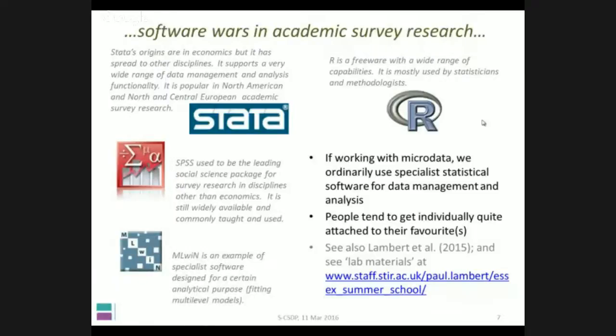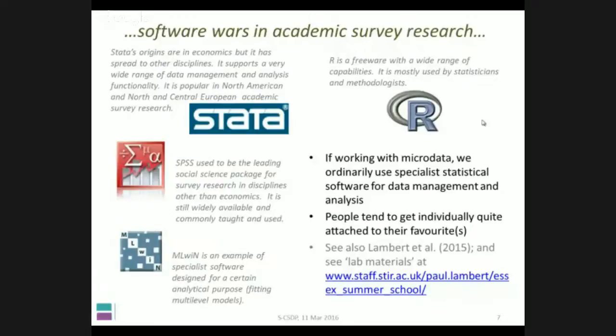Just for completeness, I've mentioned one other package in this slide, something called MLWin, which is a specialist software. One example of many different types of specialist software designed for a particular purpose. In this case, fitting a type of statistical model known as multi-level models with random effects. So MLWin is an interesting specialist example of software.